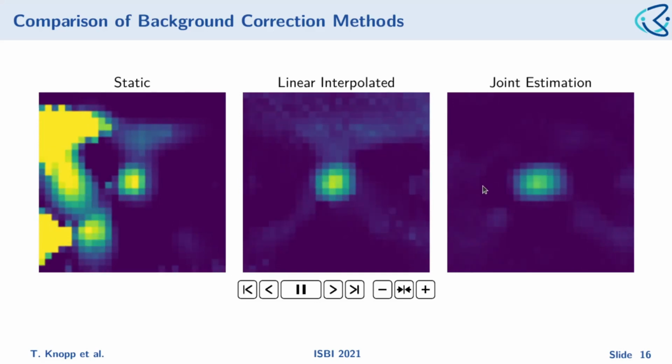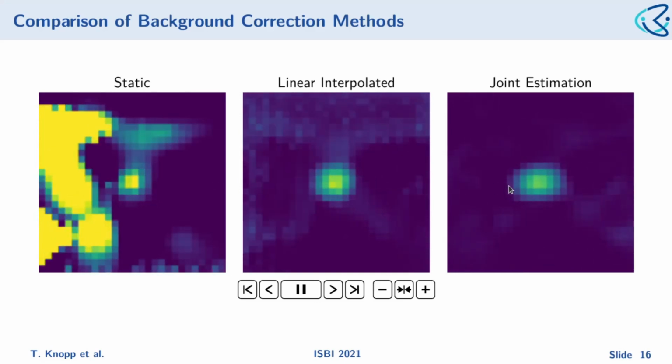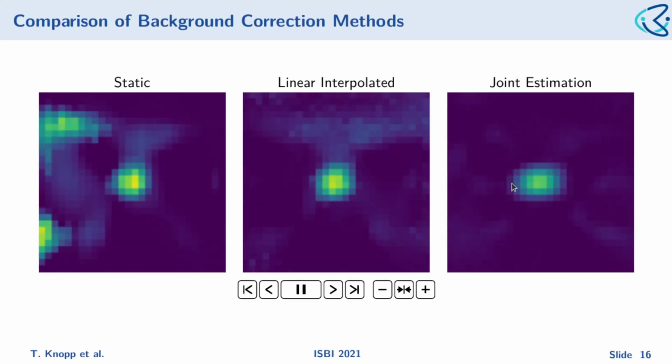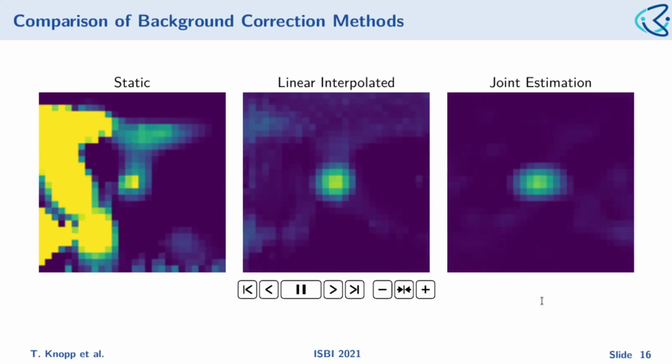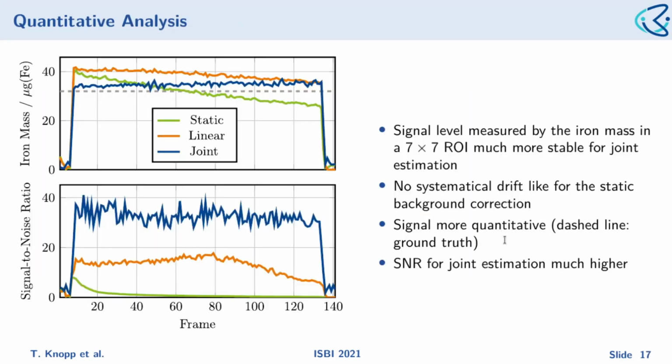Finally, on the right, the proposed dictionary-based background correction method that yields the best background suppression with only small loss in spatial resolution. Here we also made a quantitative analysis that shows that the concentration in the sample is much more stable over time. Also, the SNR of the signal is much higher for the joint background estimation method.